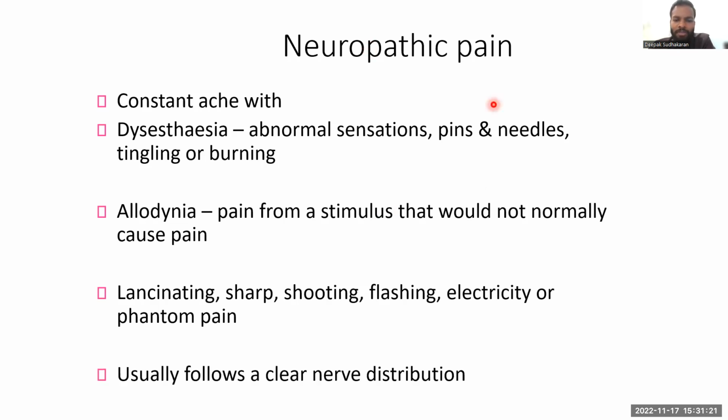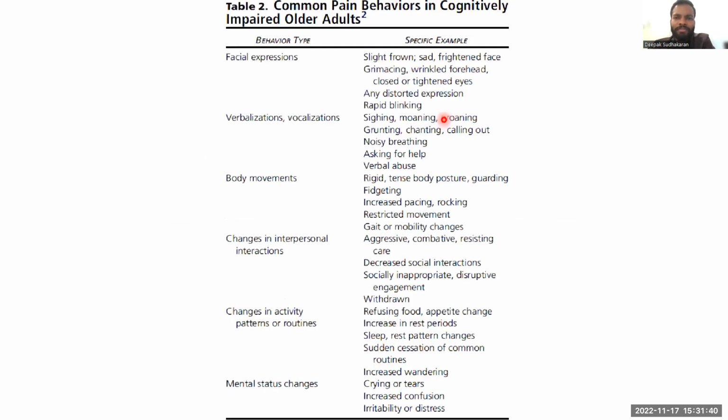These are all examples of neuropathic pain. Usually they follow a clear nerve distribution. You must have learned in your anatomy that there is nerve innervation throughout the body. So wherever the pathology is, the pain will follow that same pathway. So you can localize it.